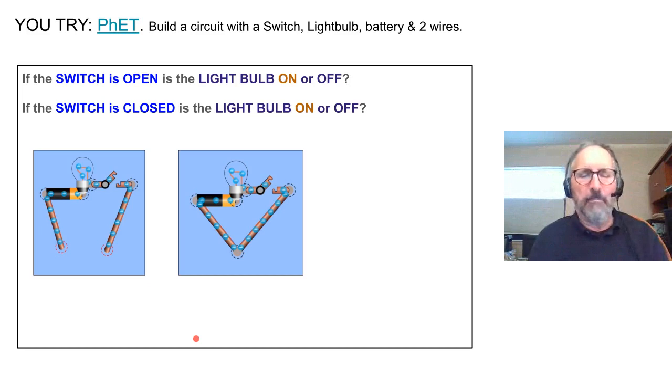This is 5.14 exit, and this is on series circuits and parallel circuits. So there are two names you have to remember. Let me give you what we're going to do here. We are going to look at this link.